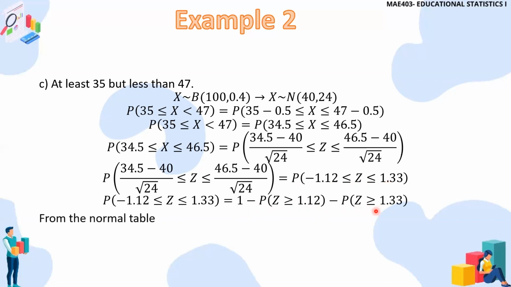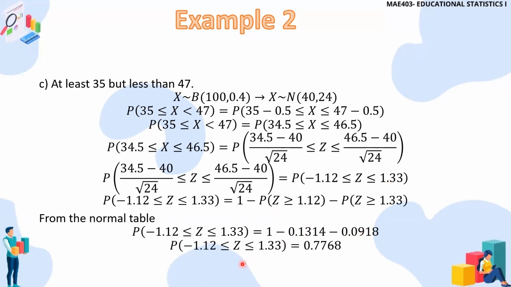From the table, you will have the value of probability Z greater or equal to 1.12 and probability of Z greater or equal to 1.33. So, the probability of the drivers involved in accident during weekends at least 35 but less than 47 is 0.7768.